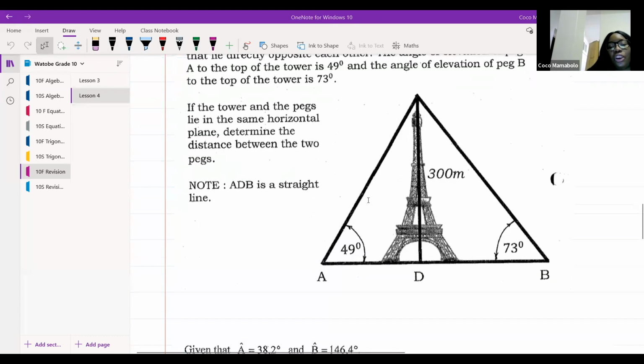Okay, have a look over here, guys. What's this question actually asking us? Does anybody want to venture a guess?